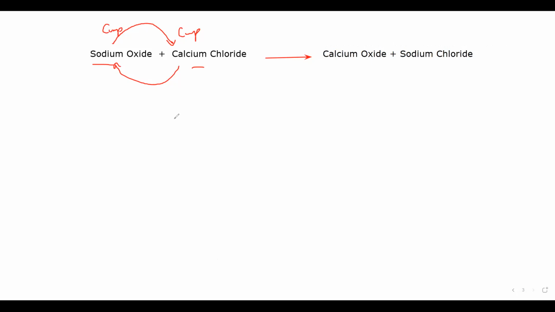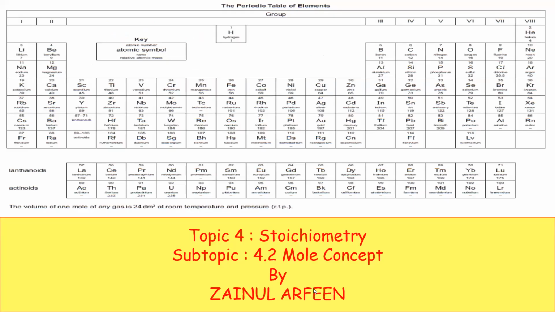Now the second part is completing the equation, writing a symbolic equation. To write a symbolic equation, you have to use the periodic table. First, we have to write the formula of sodium oxide.